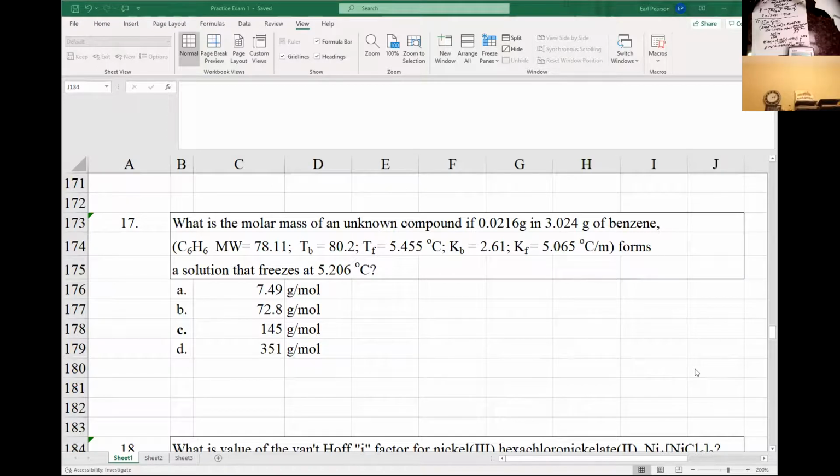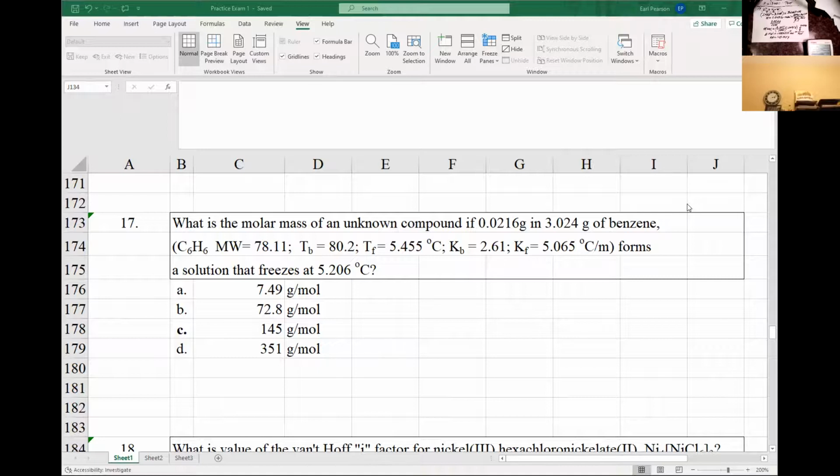So I want to take 0.0216 and divide by that answer that I got up there, and I get 145.295 grams.